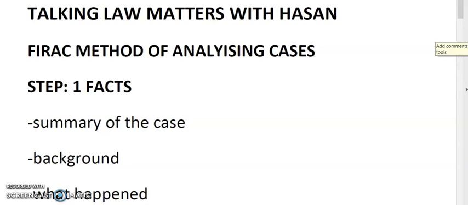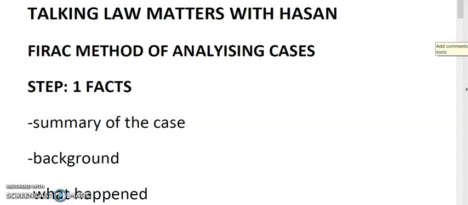Now you have to tell us that A was coming from this direction, B was coming from this direction. So A bumped into B because he skipped a red robot, and B's car was damaged, or the windscreen was broken. So that is basically the story.